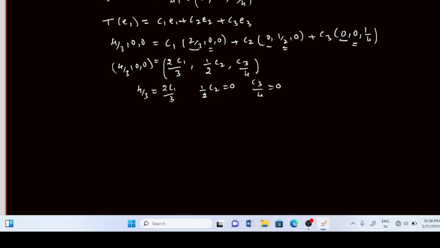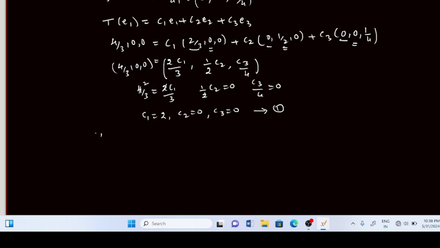Here the 3 gets cancelled, 2 and 4 we can cancel. We get C1 is 2, C2 is 0, C3 is 0. So we have the values 2, 0, 0. This is equation number 1.